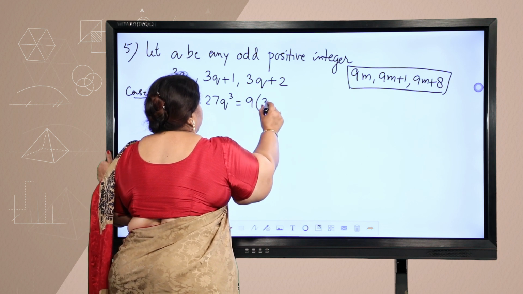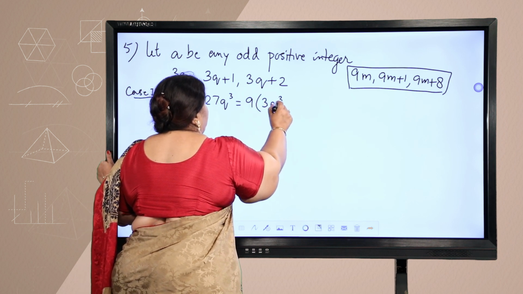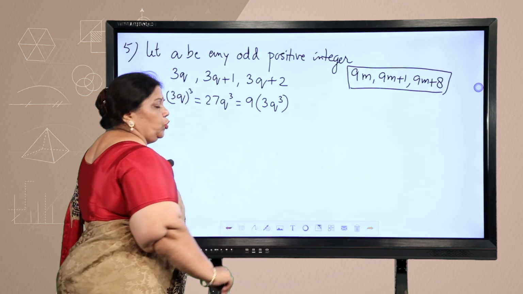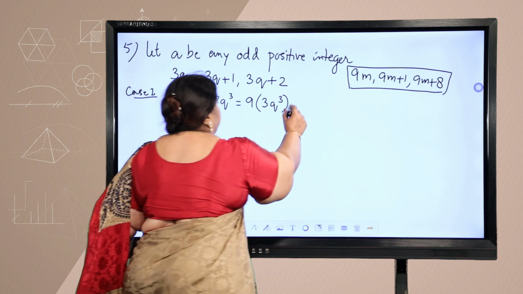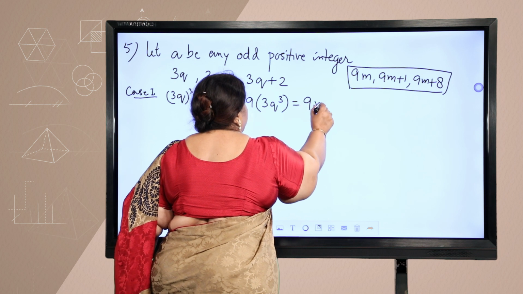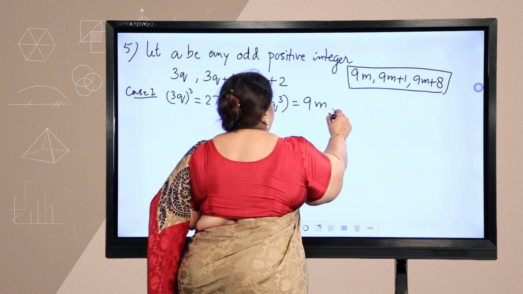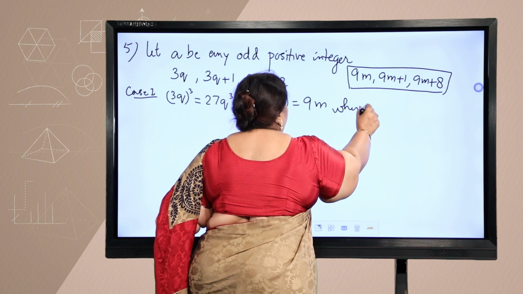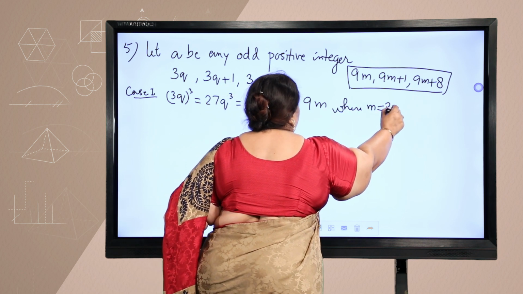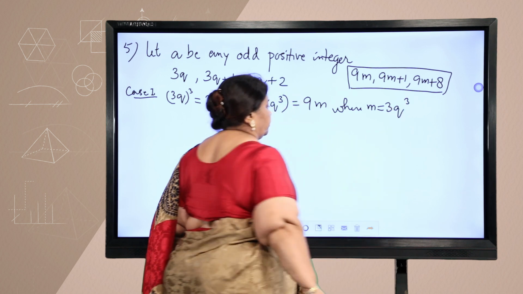I will have 9 3s are 27, that gives me 9 into 3q cube, showing that it is of the form 9m, multiple of 9, where m is equal to 3q cube.